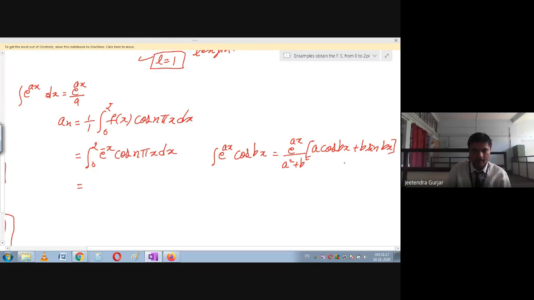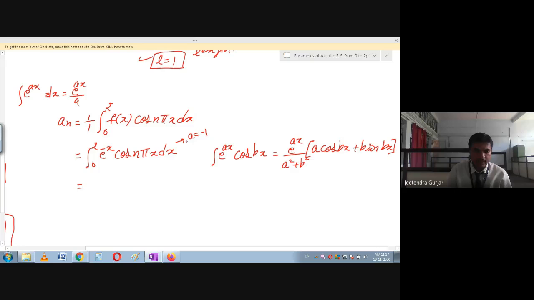This formula you have to remember and substitute directly in this value. So now you can identify very easily from this what the a value is, students. Yes, it is minus 1.